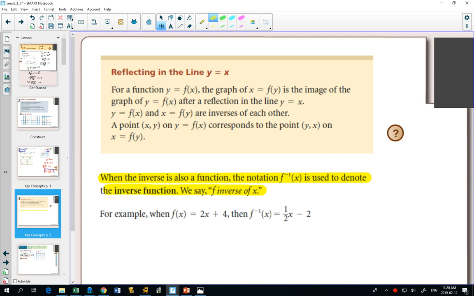As far as taking out your highlighter and adding something to this, here's some important notation. When the inverse is also a function, we can use inverse notation. And some important little notes that you can put off to the side for inverses.